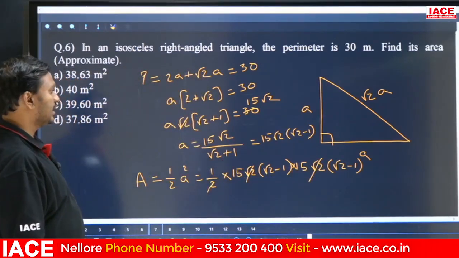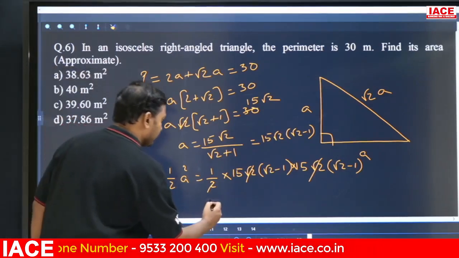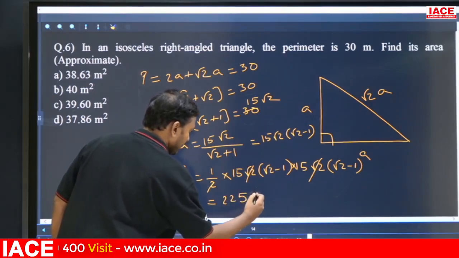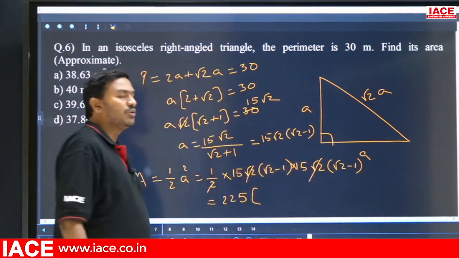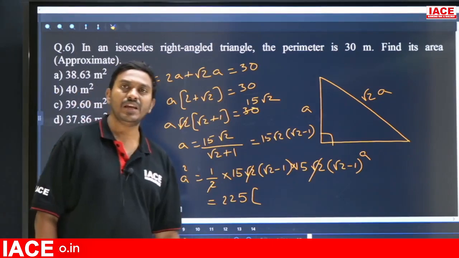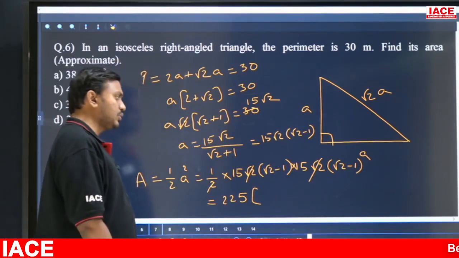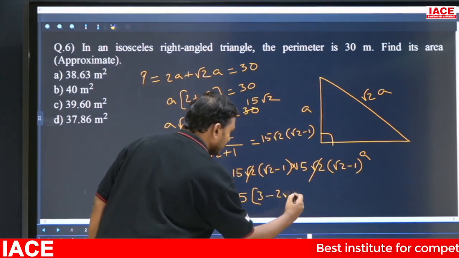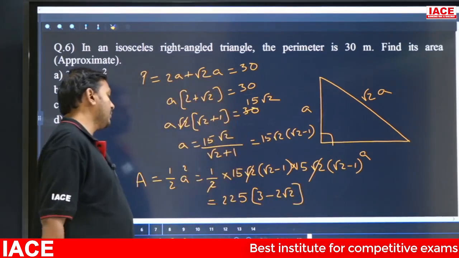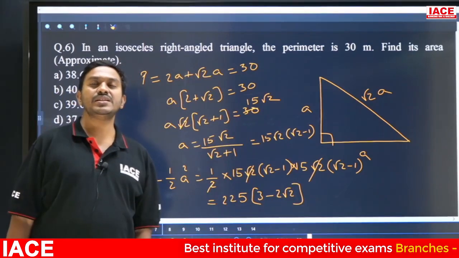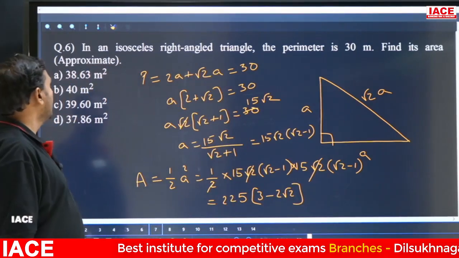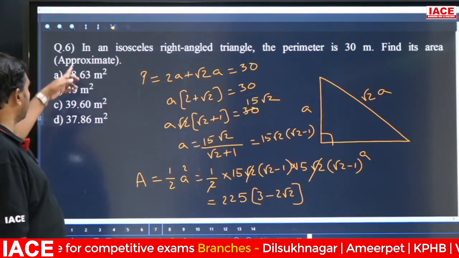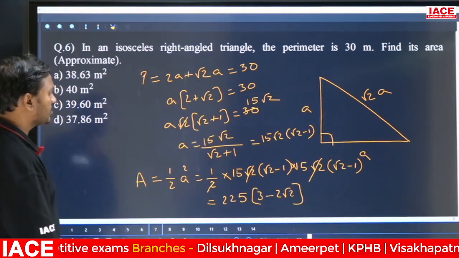What is the remaining value? That is 15 into 15, 225, into root 2 minus 1 whole square. a minus b whole square, a square plus b square, 2 plus 1, 3 minus 2 root 2. So what is the area? Area is 225 into 3 minus 2 root 2, but he is giving approximate values for the area, right?